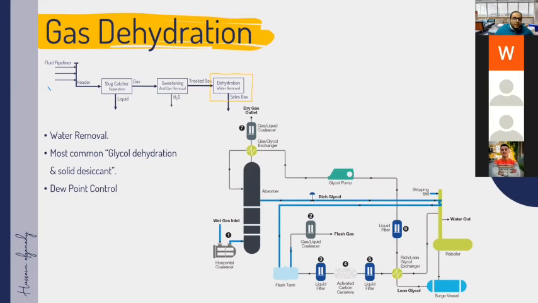When we reduce the dew point, we protect the gas from hydrate formation. This is the main purpose of the dehydration unit.